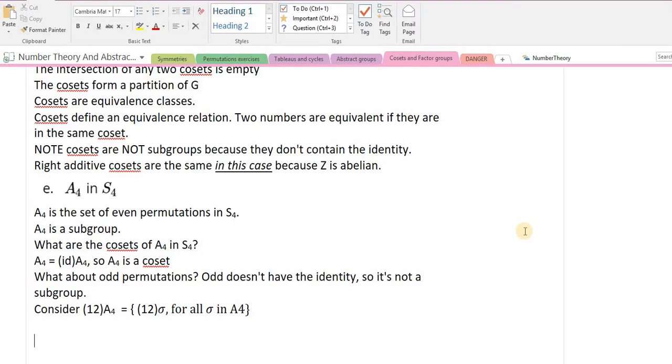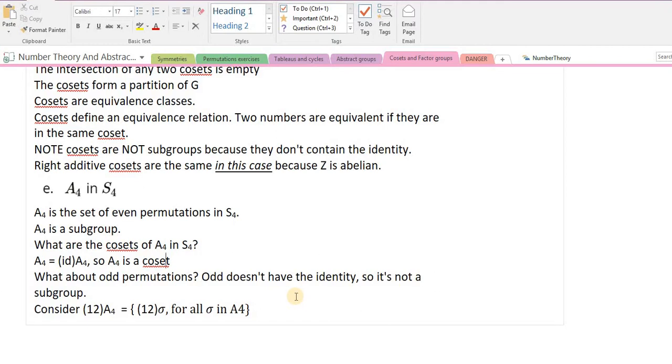This is also a set of permutations. So (1 2) times A4. It's broken, because I inserted an equation and it thinks it's still an equation. Maybe I can fool it.